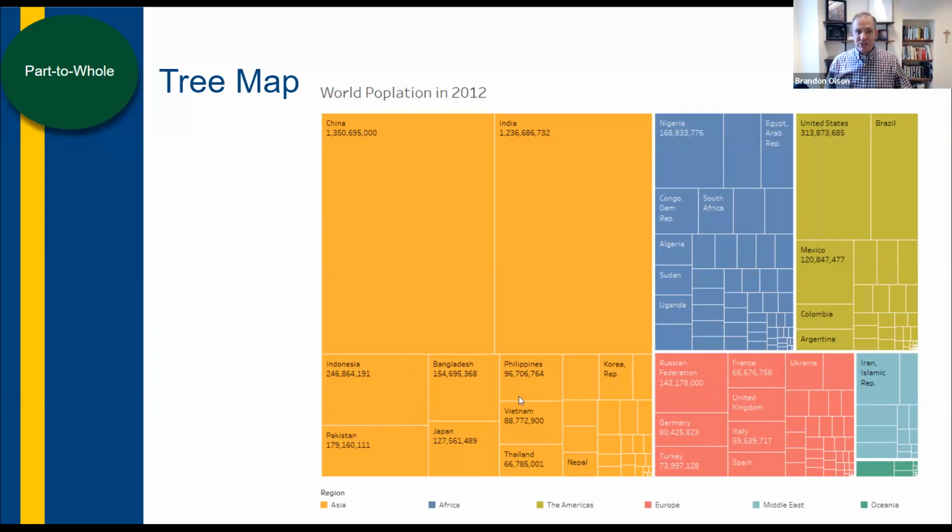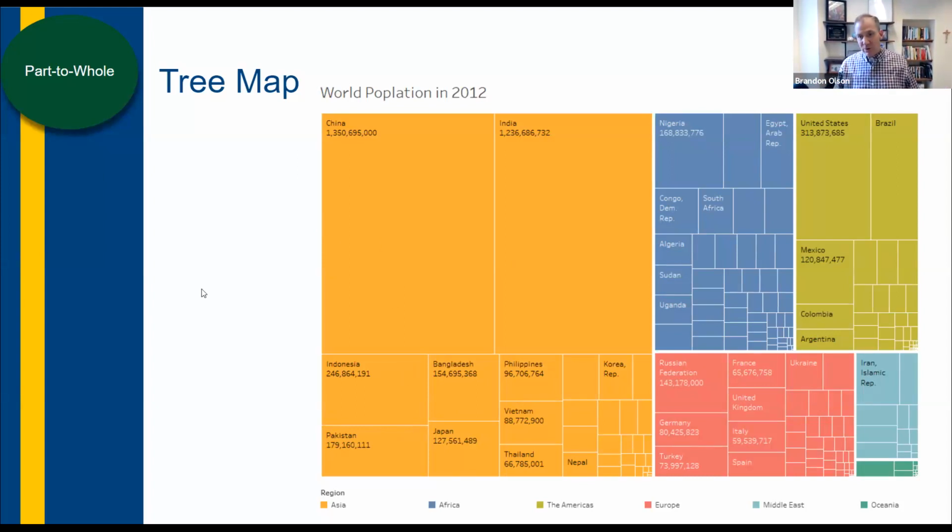This allows us to create a pie chart type of representation, but subdivide it even further. So if you need a more complex pie chart, we would look at a tree map.